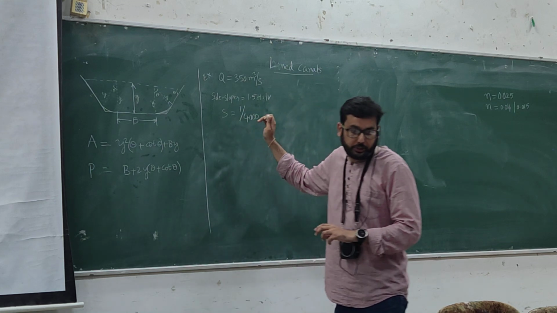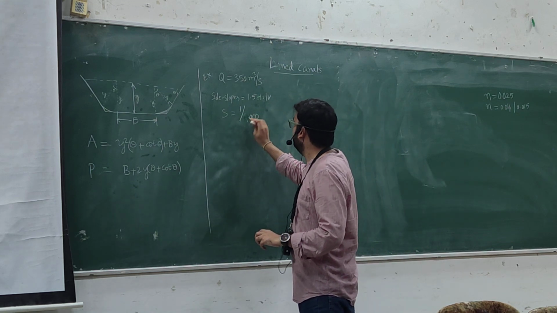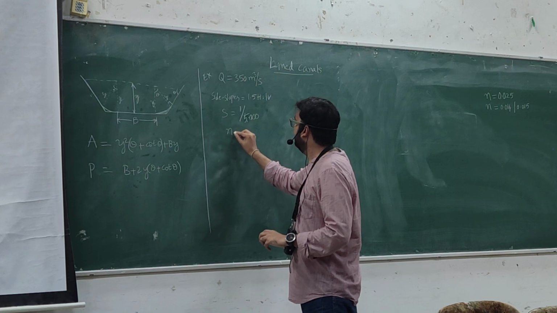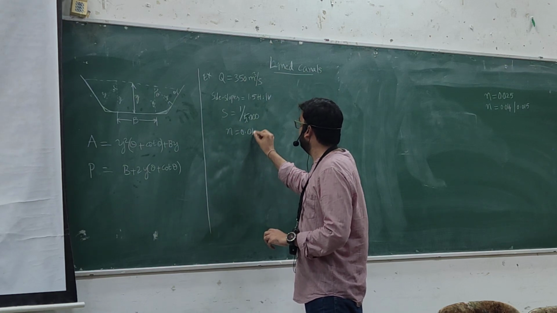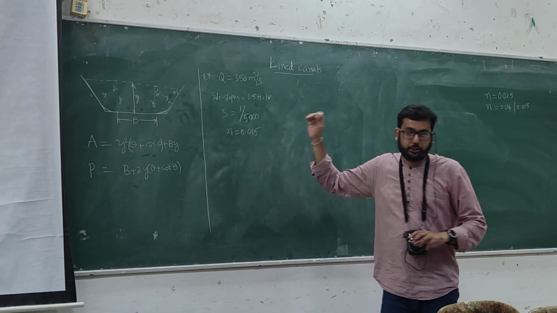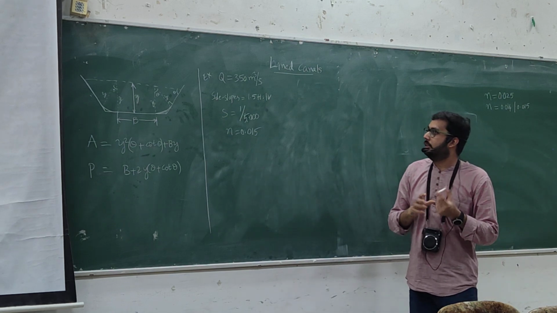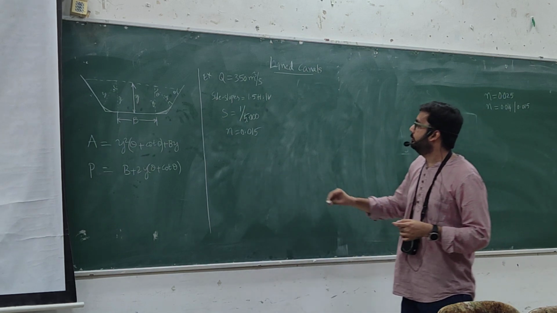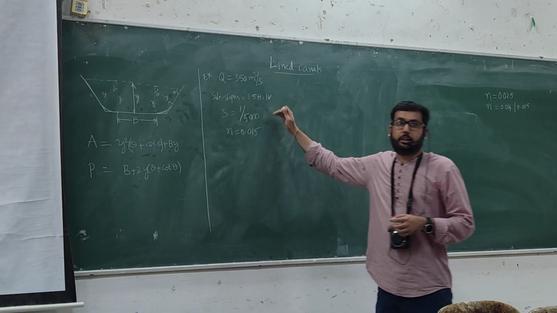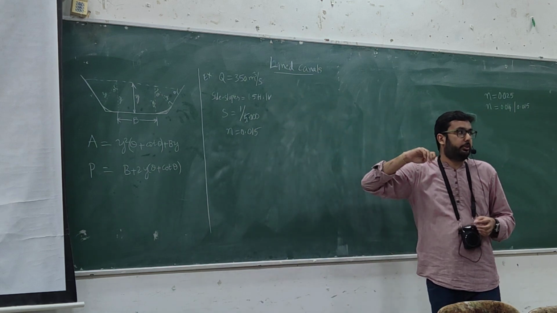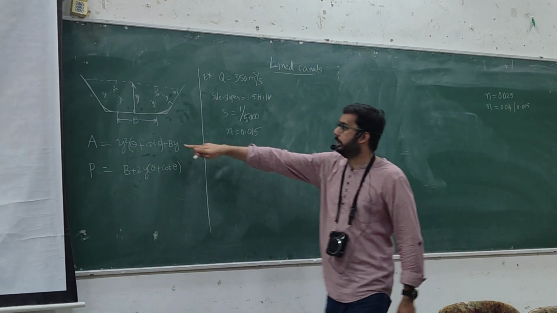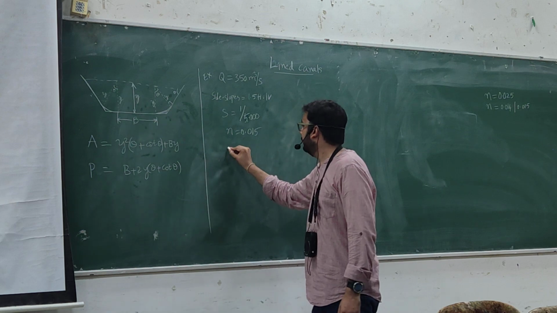The longitudinal slope is 1 in 5000. And the Manning's n is 0.015. This is the data that we have, and based on this we need to calculate the bottom width B and Y.